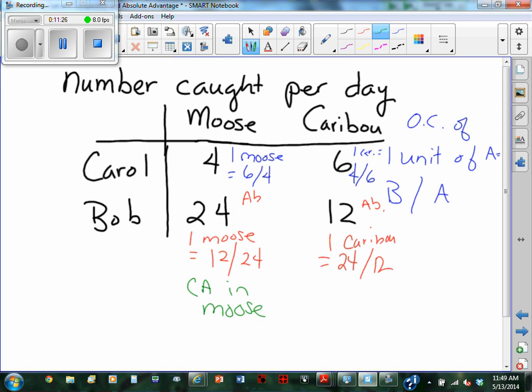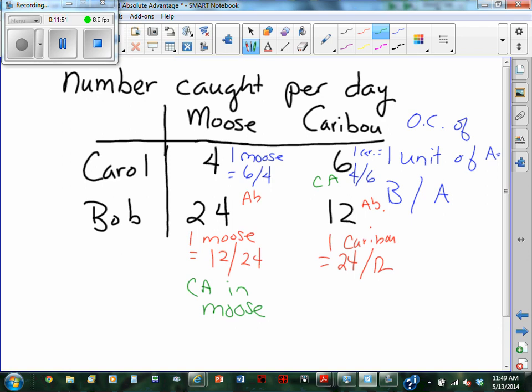So in this case, who has the comparative advantage in catching caribou? Carol. Carol has comparative advantage in catching caribou. So who should be the caribou hunter? Carol. Carol should spend all of her time catching caribou. And Bob should spend his time catching moose.